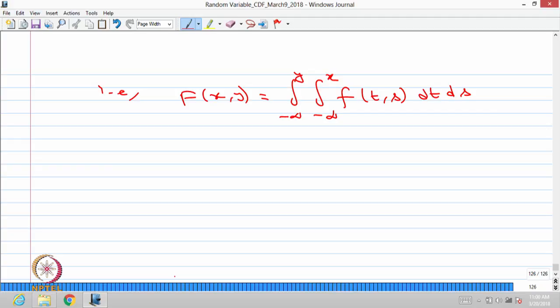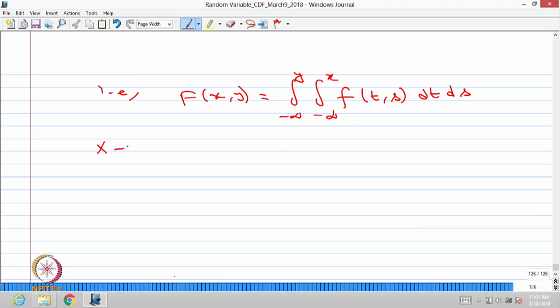One can write the CDF as a double integration from minus infinity to y and minus infinity to x of the integrand small f of t comma s, dt ds. Here the integrand is the joint probability density function.